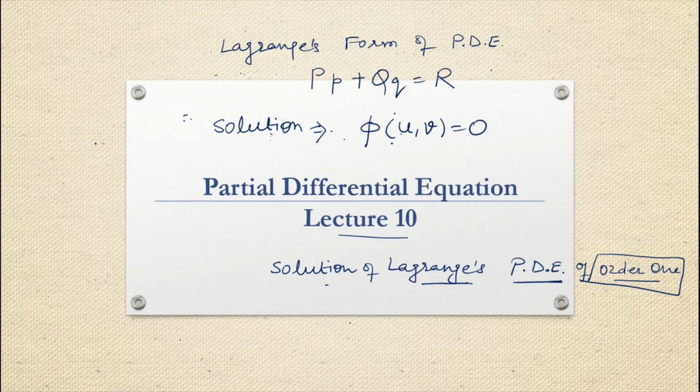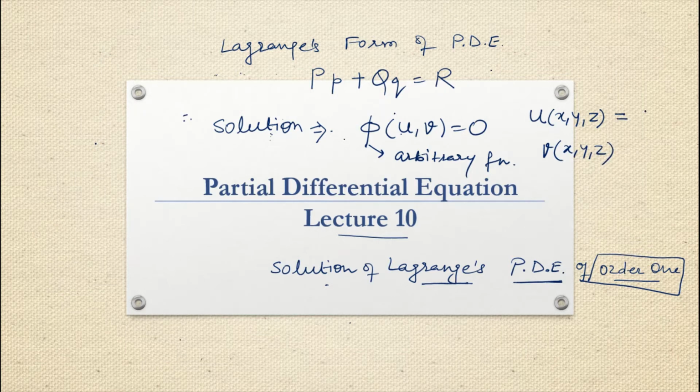What does it mean? Phi is an arbitrary function, and u is some relation of x, y, z. v is again some relation of x, y, z, and they equal some arbitrary constants.